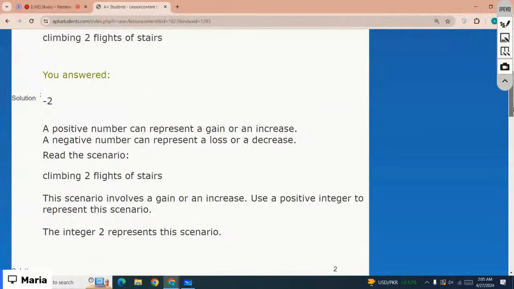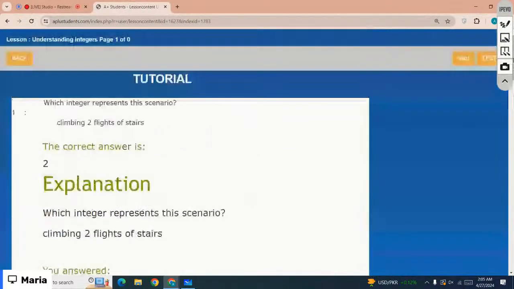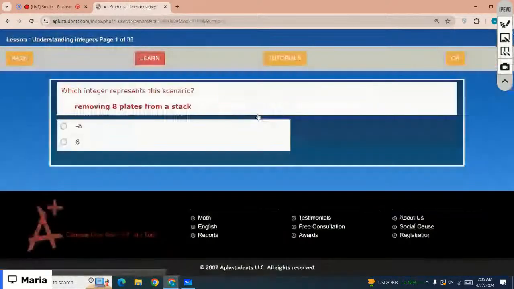Okay, let's start with the test questions. Which integer represents the scenario? Removing 8 plates from a stack. So you are removing, that means plates are decreasing, right? And decreases are represented by the negative number, so that is negative 8.